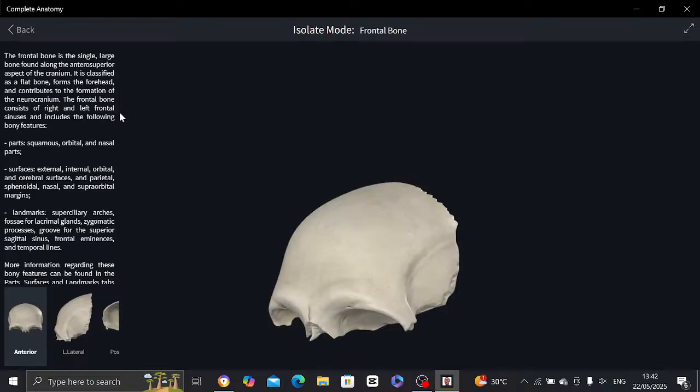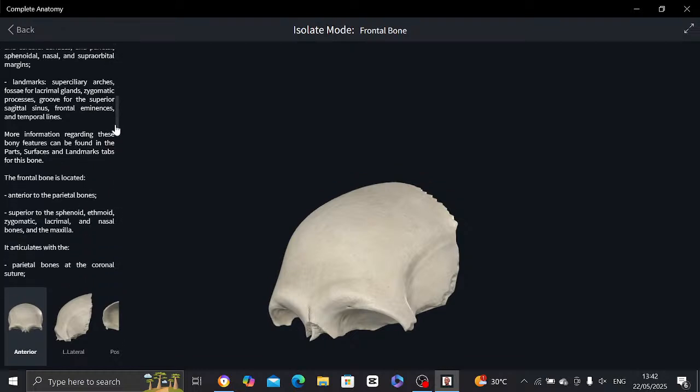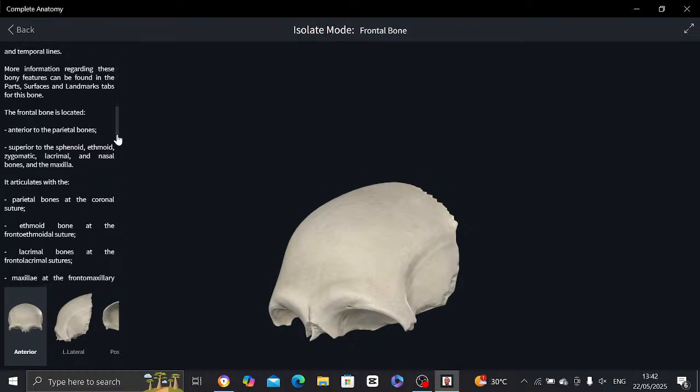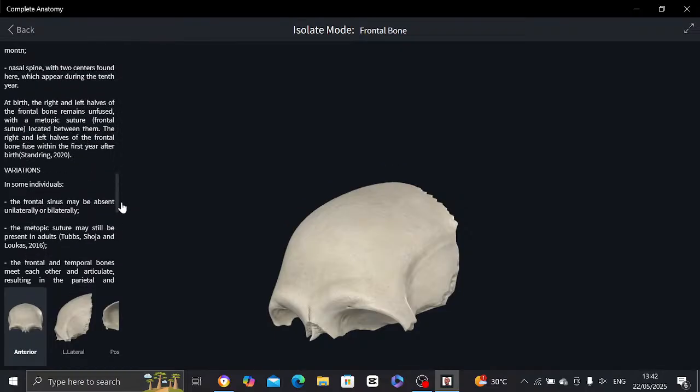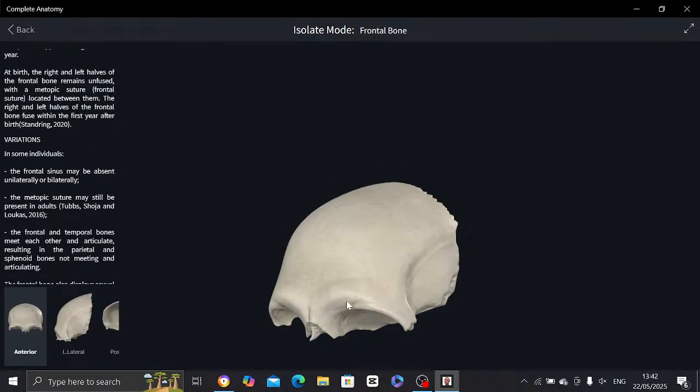Let me see if there is other information. In some people with frontal sinus headaches, this region, this little bulge here, is the frontal sinus.